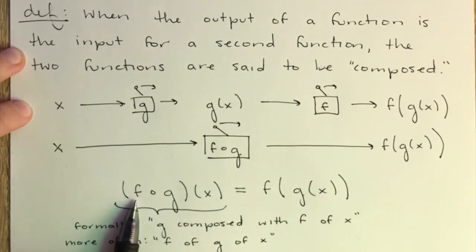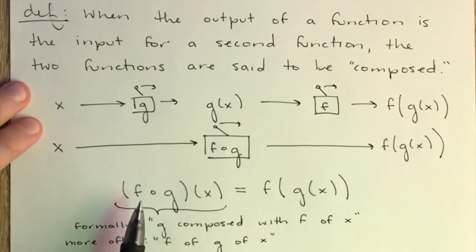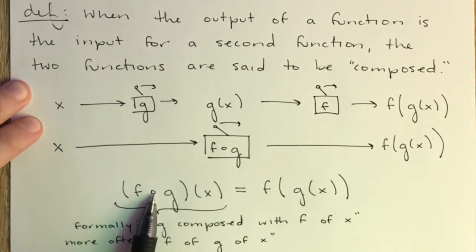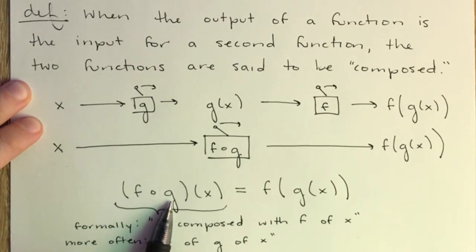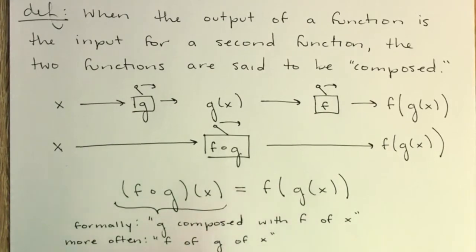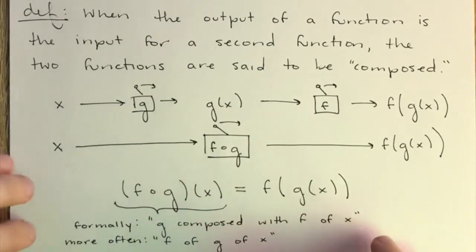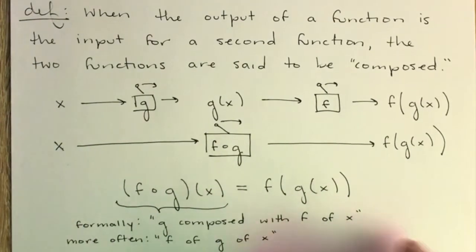It's also nice, in my opinion, when I was learning this, I would always think of this open dot as a tiny o. So f, and then o for of g of x. If that helps, great. If it doesn't, don't worry about it. That is what we're going to call it in this class. So let's give this a shot.